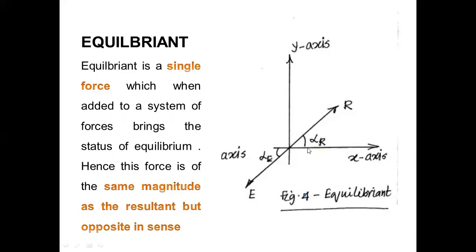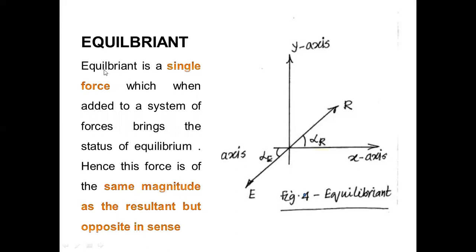Here you see an example: if I take an x-axis and y-axis as the two forces, and the resultant of these two forces is capital R. To keep this system in equilibrium, due to the resultant force which is acting along the rightward direction, there has to be some opposite force having the same magnitude as the resultant. This opposite single force is called the equilibrant.